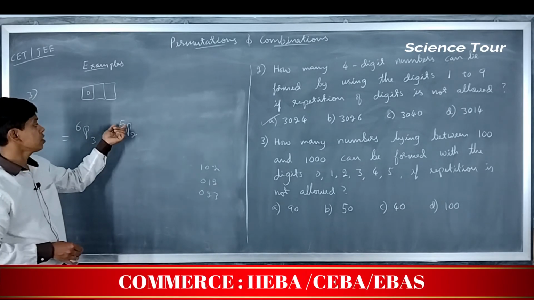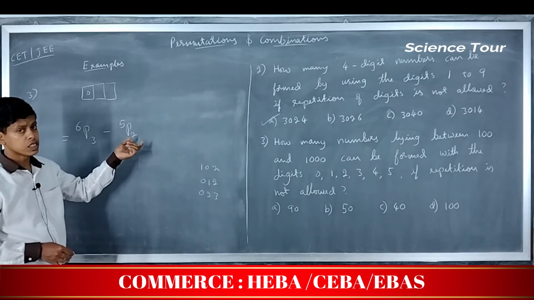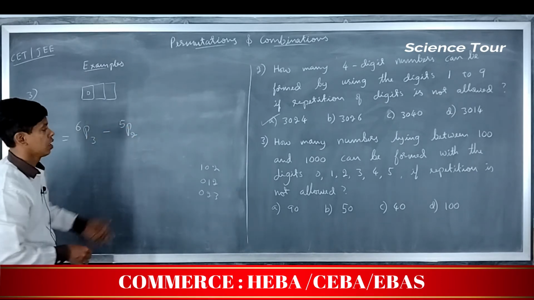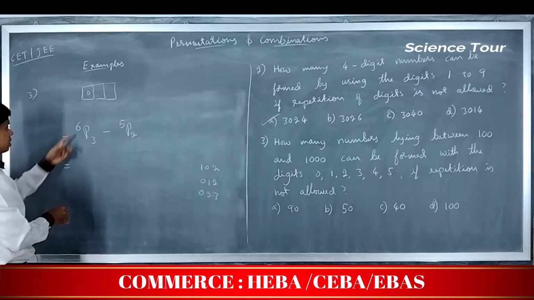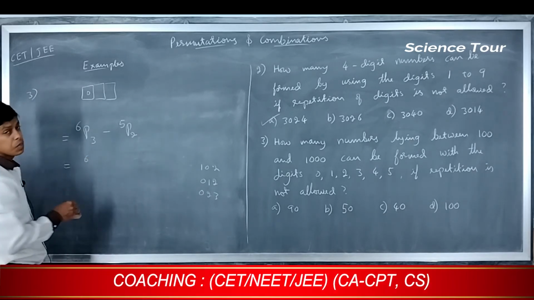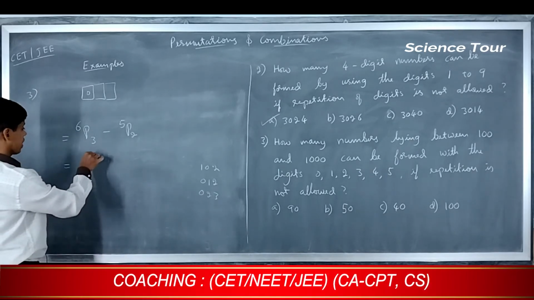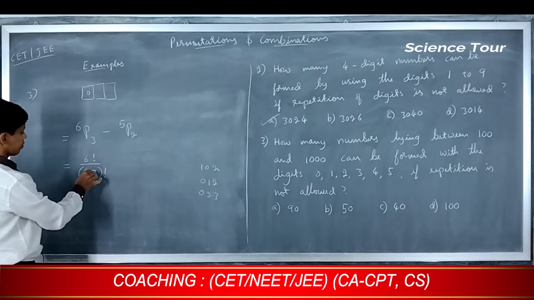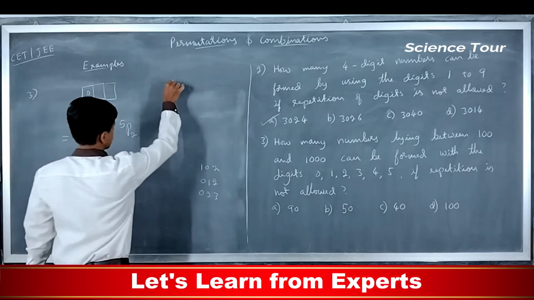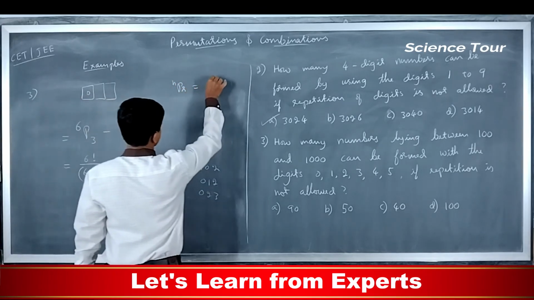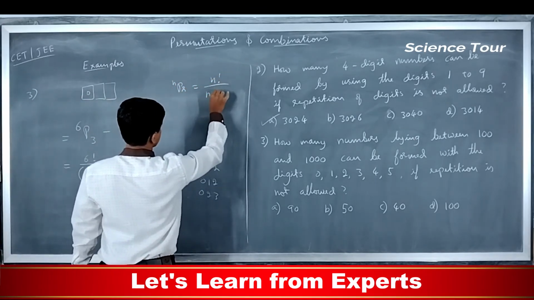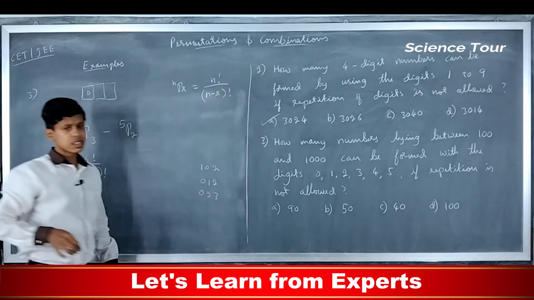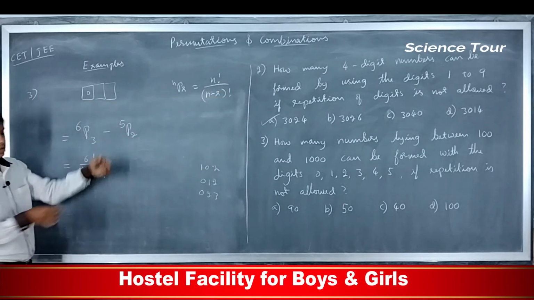Okay, so we are arranging 5 digits in 2 places if the repetition is not allowed. Now just calculate this. So 6P3 is 6 factorial divided by 6 minus 3 factorial, the nPr formula. All right, so nPr is equal to n factorial divided by n minus r factorial. Use that formula here as well as here.